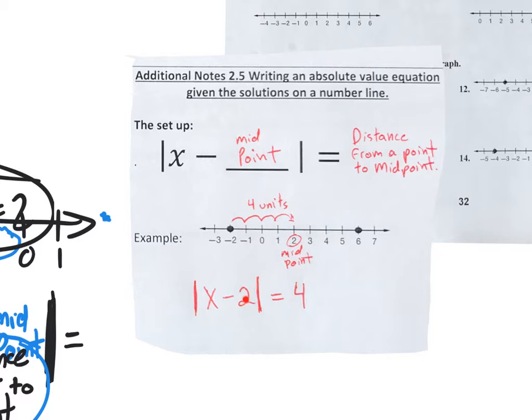So 2 is what goes in there, x minus 2. And then we have the distance from a point to the midpoint. It doesn't matter if you pick this one or this one, it's still going to be 1, 2, 3, 4 units. So this answer is going to be 4. So there's my equation that, if I actually solved it doing the positive and the negative situation, would give me these two values on a number line. Does that make sense?